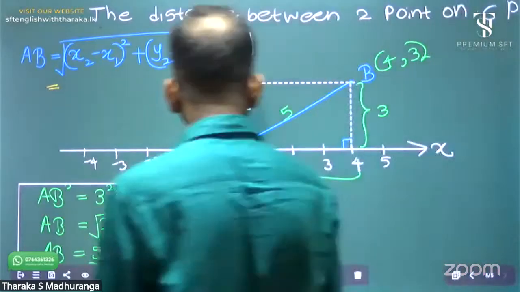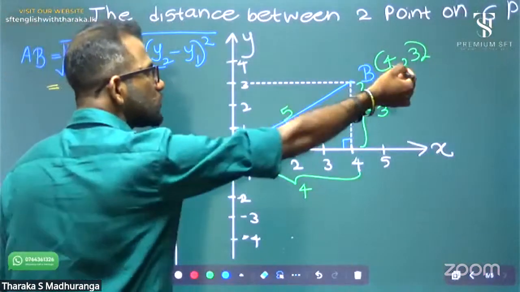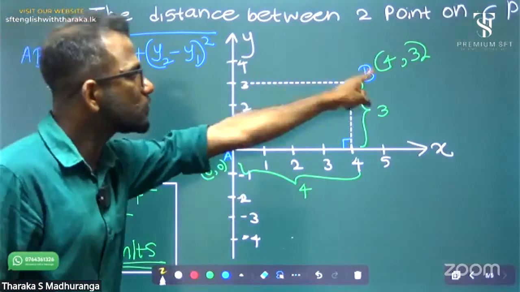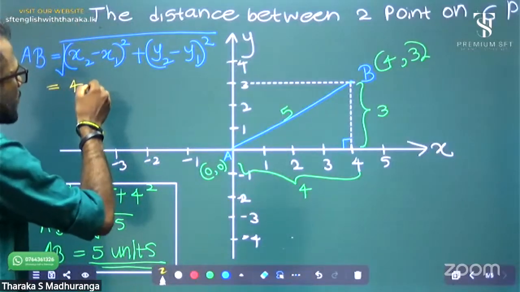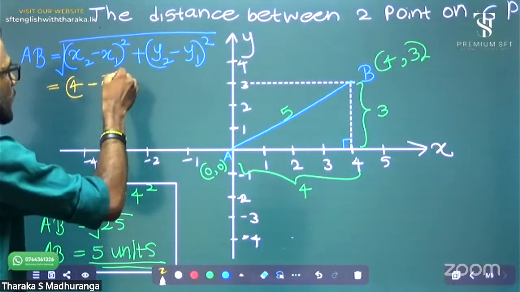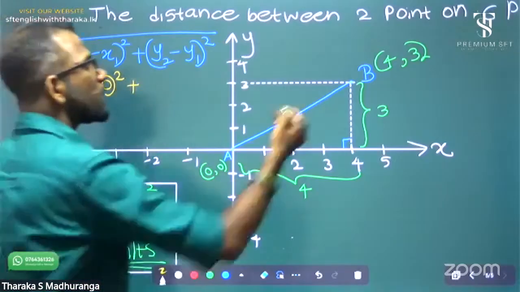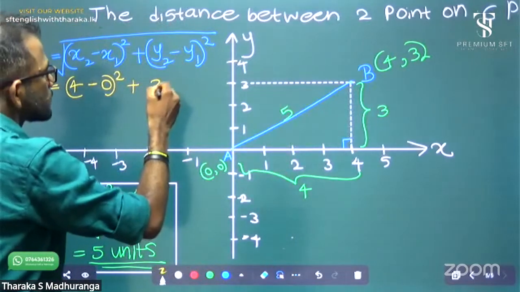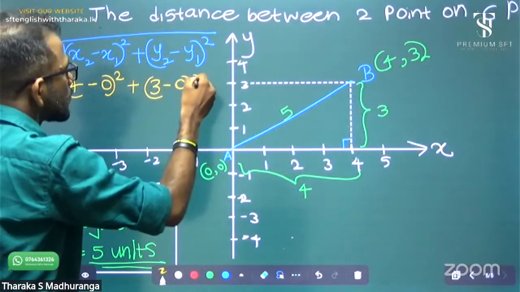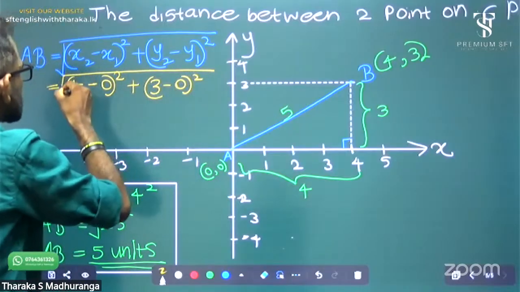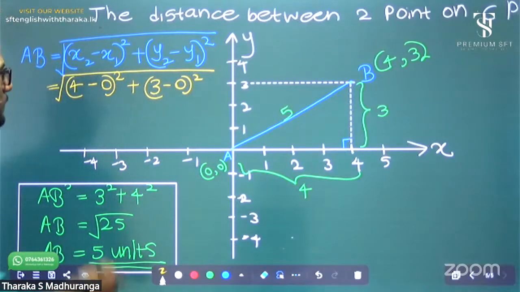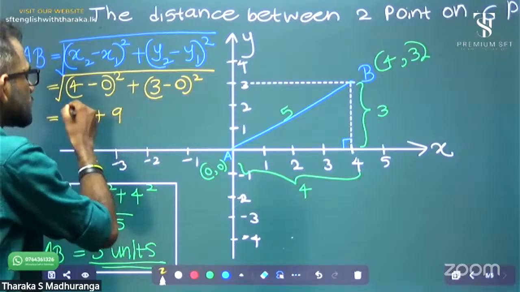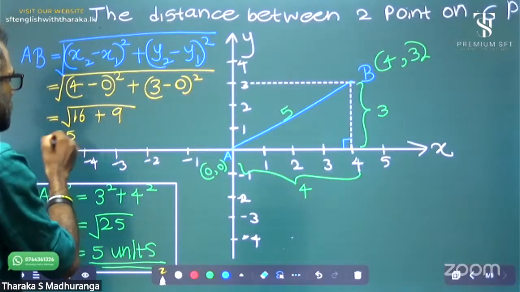This is x2, this is x1. x2 is 4, minus 0, squared, plus y2 is 3, 3 minus 0 squared, square root. Then 4 squared is 16, 3 squared is 9, square root of 25 is 5. Then AB equals 5.